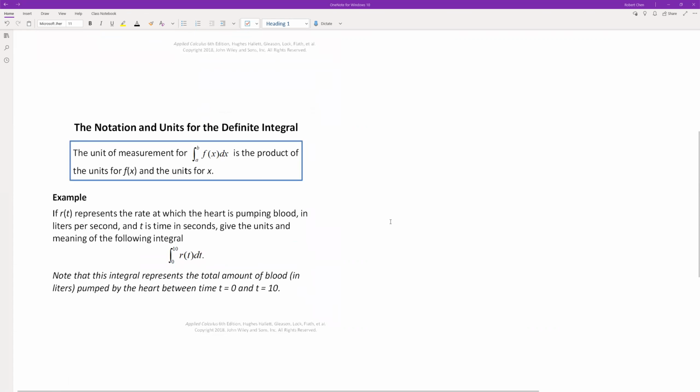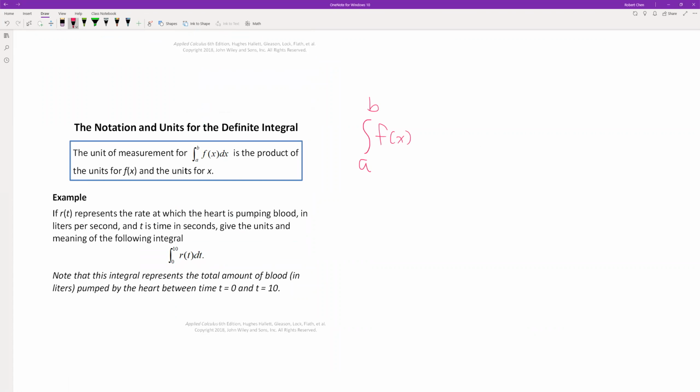The notation for the definite integral, as we have seen in the previous sections, is the integral sign going from a to b, where a is your lower bound and b is your upper bound, of some function f of x with respect to dx. Now, when we look at the application side, we also have to consider units.